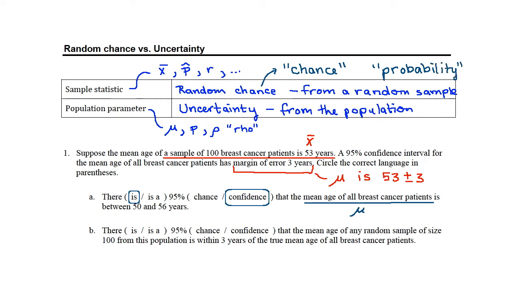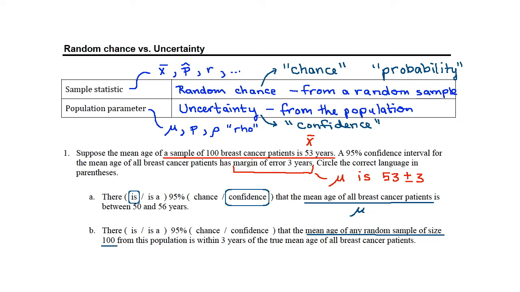However, when we're talking about uncertainty, we can use the word confidence or confident. That's how we can express uncertainty, is what level of confidence we have that something is true. So in this second statement, we can see that we're talking about the mean age of any random sample of size 100.